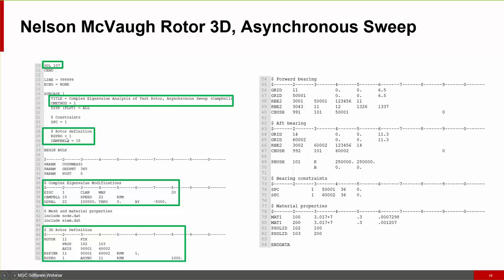We changed the method, and we now define a rotor as well as the frequency sweep in these two cards. Notice, for instance, as one example, the rotor is specified via property. So properties 102 and 103 are the two properties used in this particular test model, and they indicate that they're part of the rotor. We also specify a forward and aft bearing, but those were already specified in the 103 model.